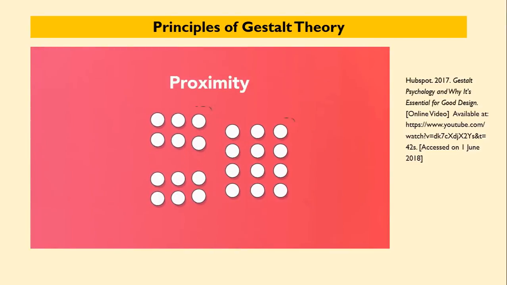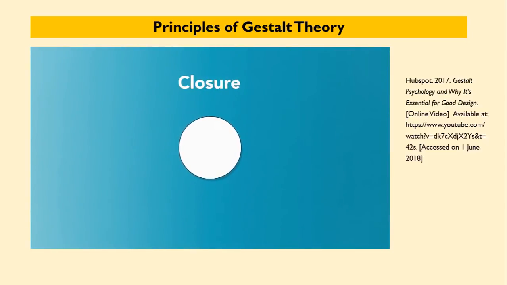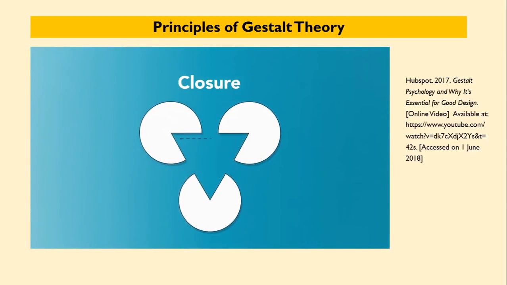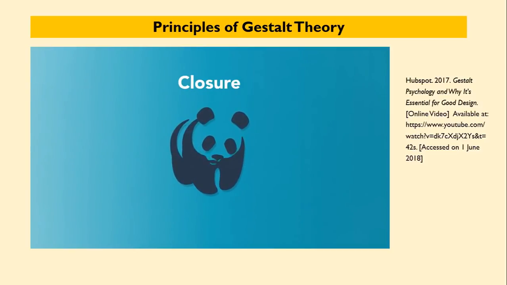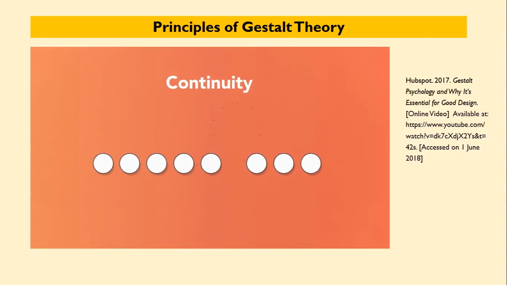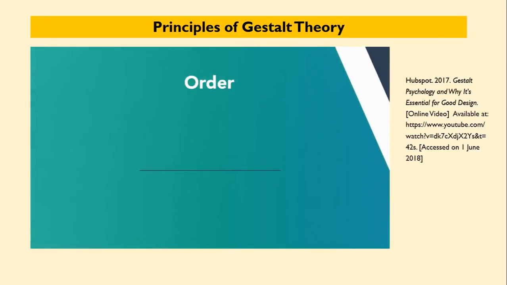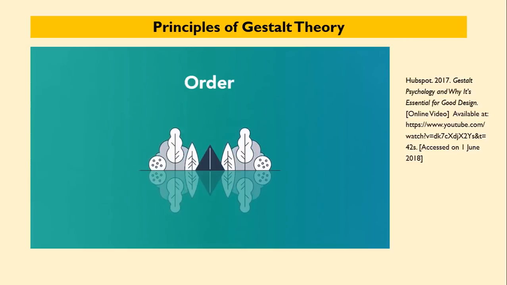The belief that we group together objects that are close to each other. Closure. The idea that our minds close objects that are not necessarily together or complete in order to create a whole. Continuity. The theory that we continue to follow objects that are visually aligned until they are interrupted. Order. The belief that alignment and symmetry are attractive and essential elements of design.